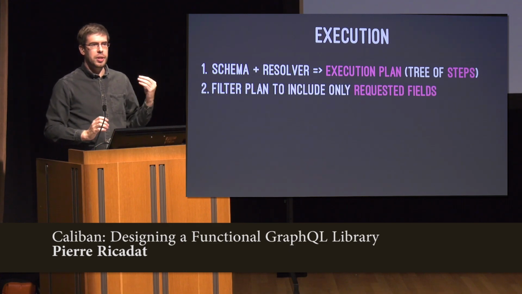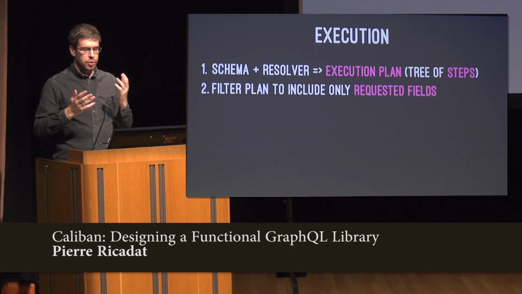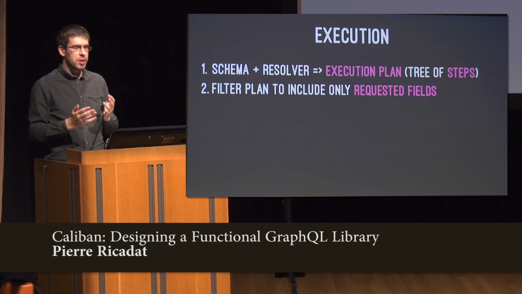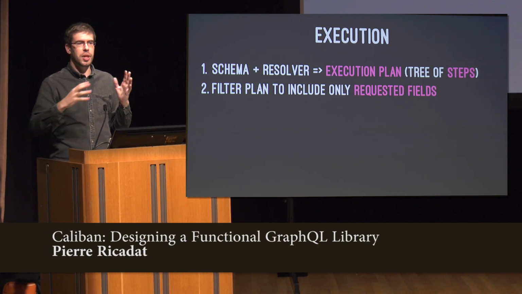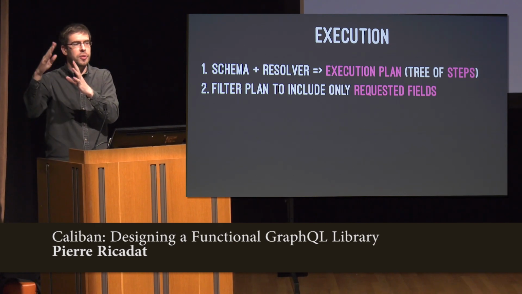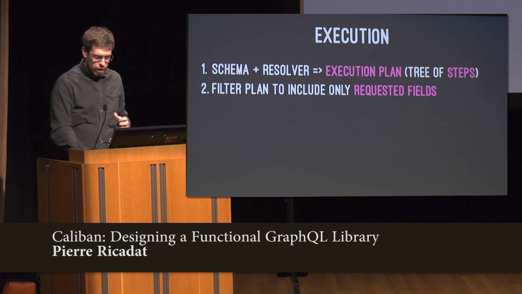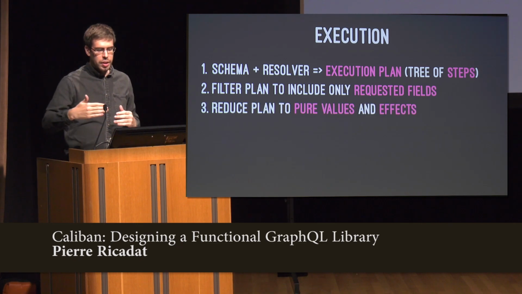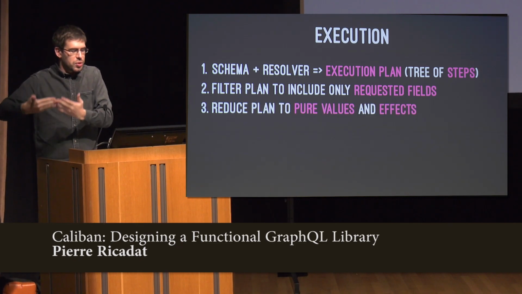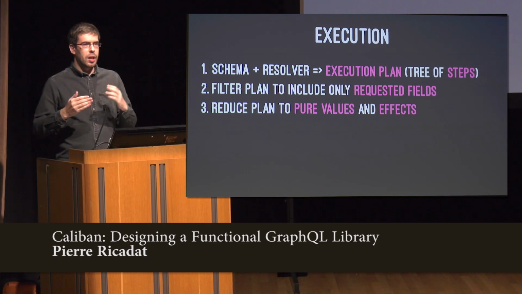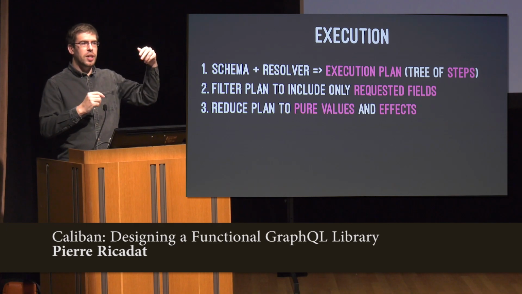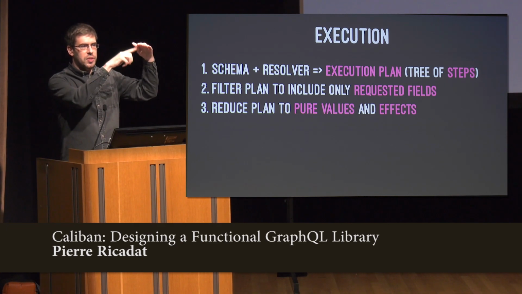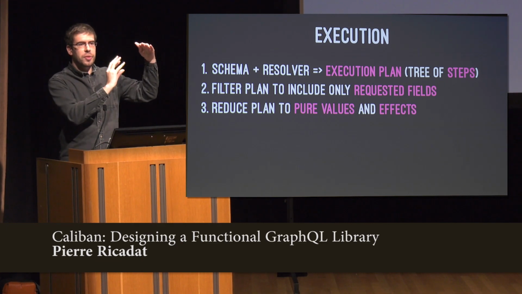Then when we get a query, we only want some fields. So the first step is to take that big tree and cut all the branches that we don't care about and build a smaller tree with only the fields that the client wanted. Then we have another reduce operation, which is that we try to make the tree even simpler, because sometimes a tree could have an object step, and then every leaf is a pure value.